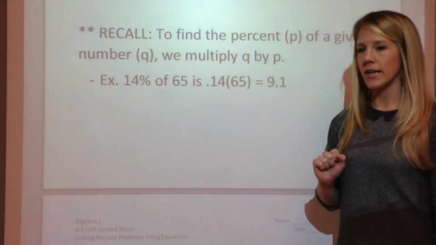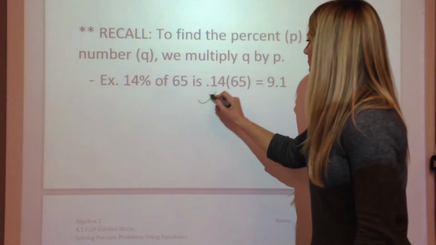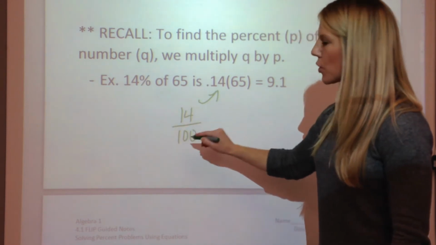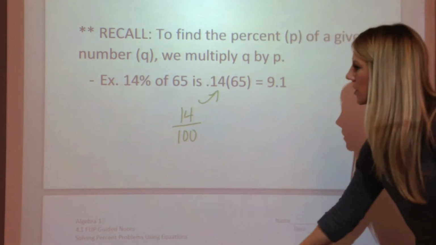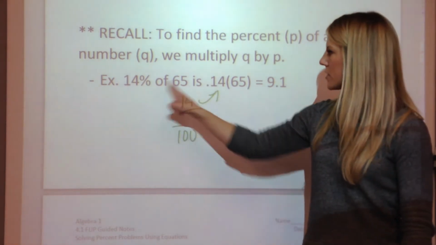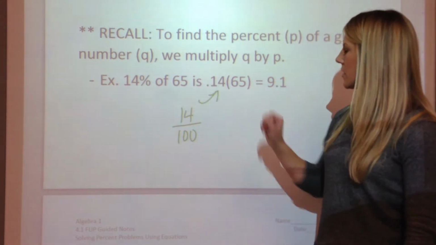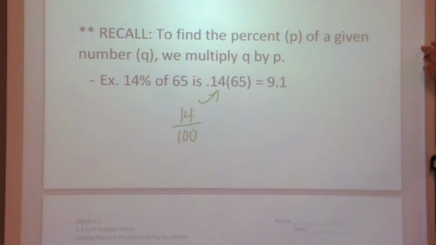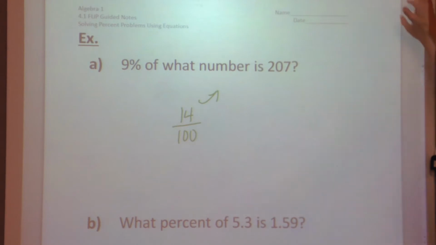So keep this in mind. And again, where this comes from is just 14 out of 100, 14 per 100, that percent. Okay, so keep that in mind, and notice what happened here. Percent of was multiplication, given number, is, and then what that actually is once we find the percent. Because that's what we're getting ready to do.